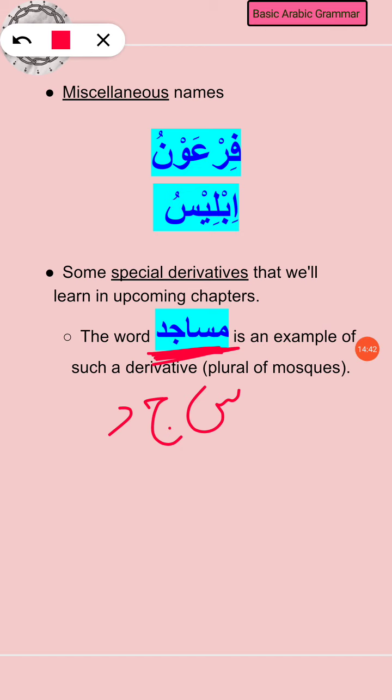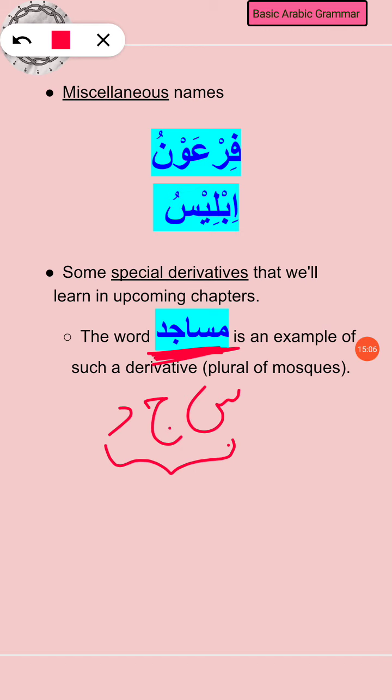So from these 3 root letters we get loads and loads of words. They include verbs, the fail, then we have so many nouns. There is a huge number of derivatives, and all of them are really simple.